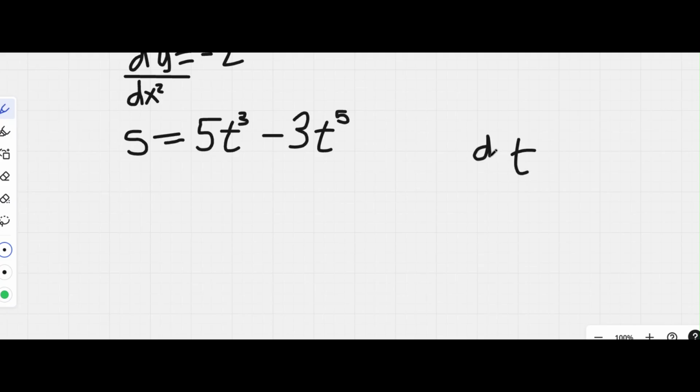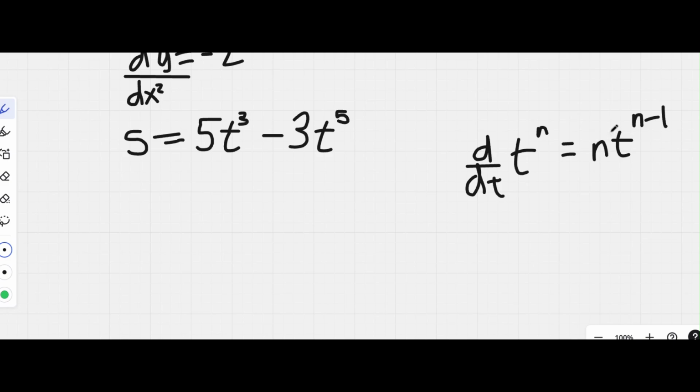So d over dt of t to the n is equal to n times t to the n minus 1.